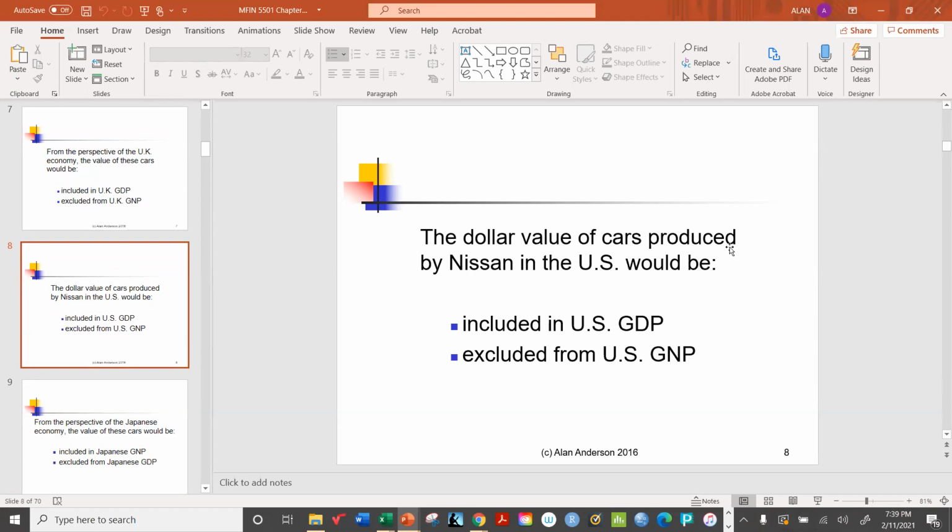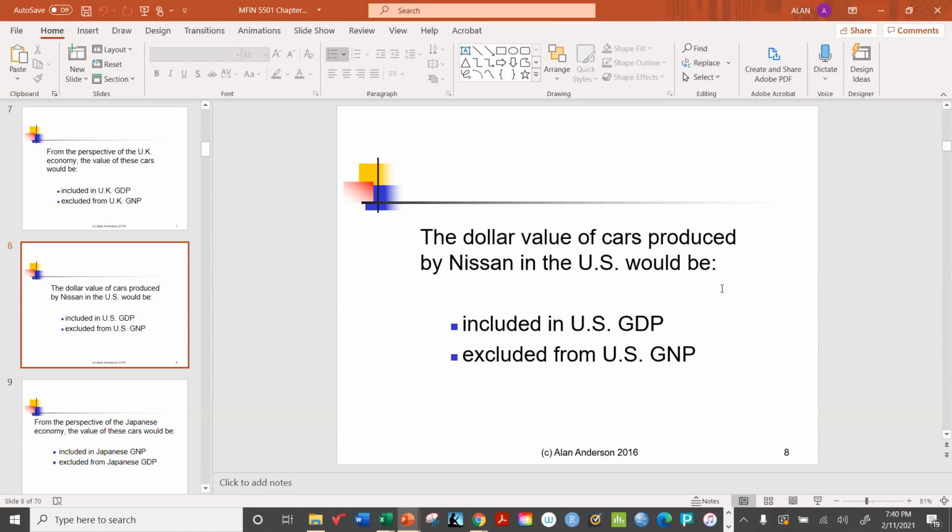You know that Japanese companies often build their cars in the United States, the ones meant for the US market, because the cost of shipping cars from Japan would be very expensive. So those cars, because they're Japanese cars built in the United States, are included in our GDP, but not our GNP, because this is not an American company.